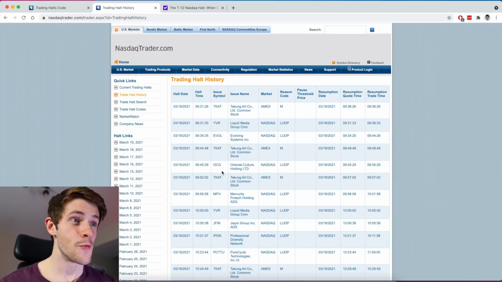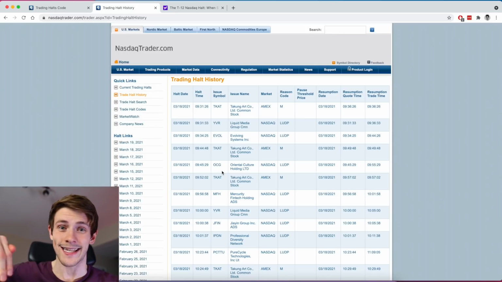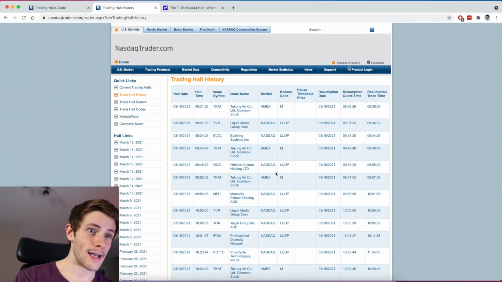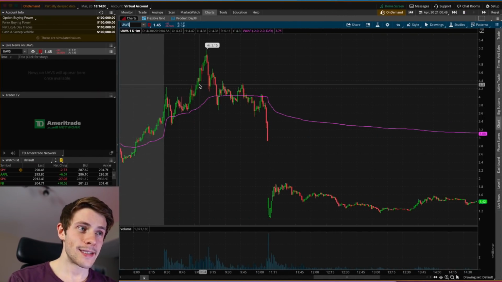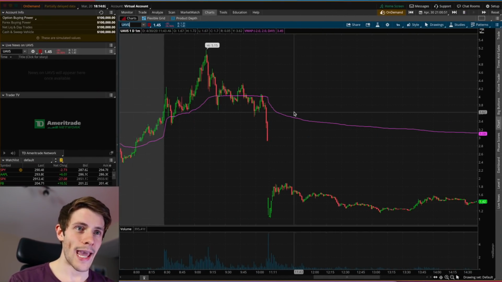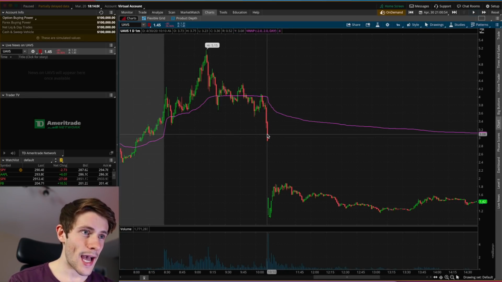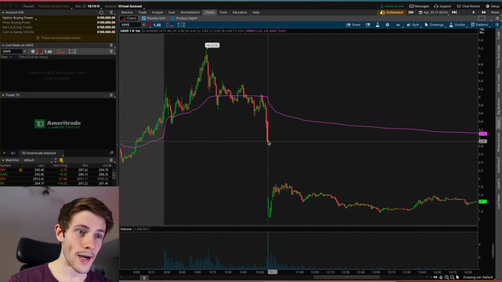But I have an example for you of what can happen when a stock gets down halted and does not reopen 10 minutes later. If I pull this up here, you can see this is the chart from UAVS on April 30th. And my goodness. So if I go to the time here, you can see this was 10:11 a.m. and it gets down halted right here at about 2.90. Where does it reopen? Well, let's see.